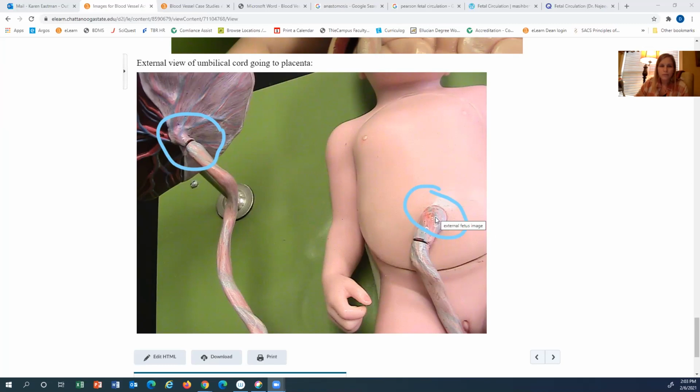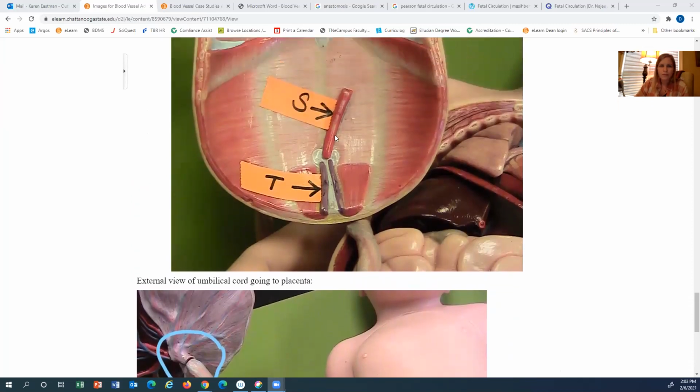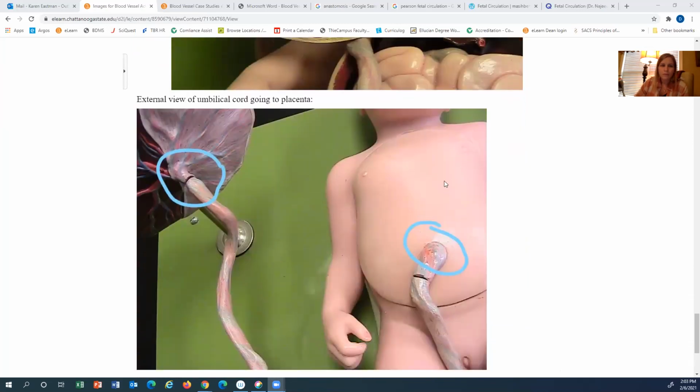So for the pictures S and T, what we're identifying are vessels on the inside of that chest plate. Imagine picking this up with your hand, flipping it over, and looking at the inside of this chest plate.